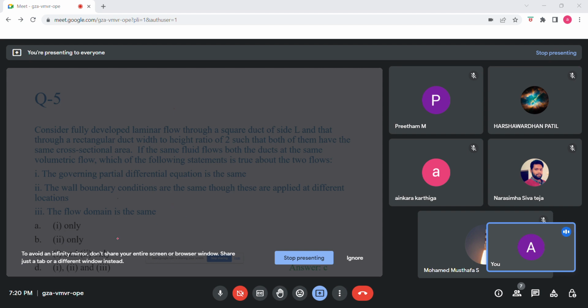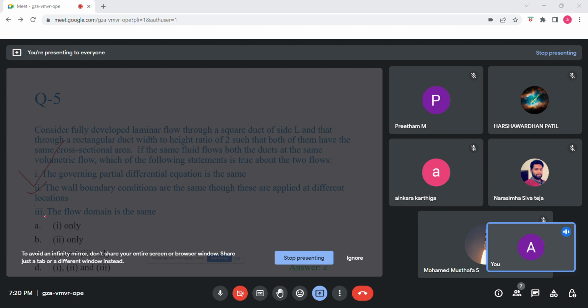From this statement it is observed that the governing partial differential equation remains the same. So the governing partial differential equation is the same in both cases. Wall boundary conditions are the same, though these are applied at different locations. This is also true since the dimensions of the square duct and the rectangular duct are different. Their application is different at different locations.